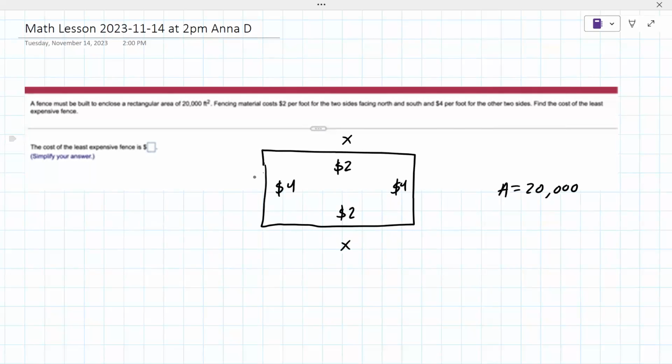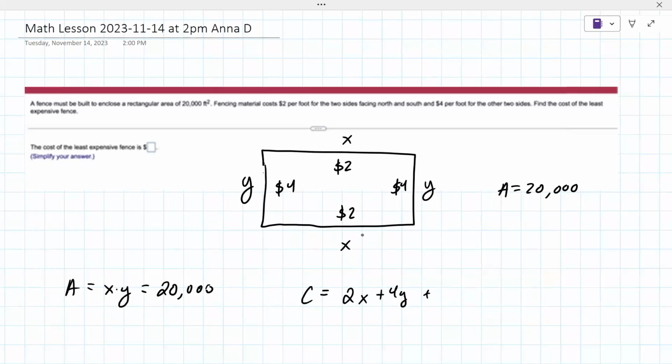So we'll go X, X, Y, Y. The area is X times Y, and that's 20,000. That's equation 1. The cost is the price times the length. So 2X plus 4Y plus 2X plus 4Y, which equals 4X plus 8Y.